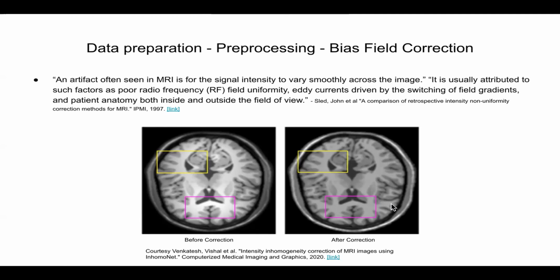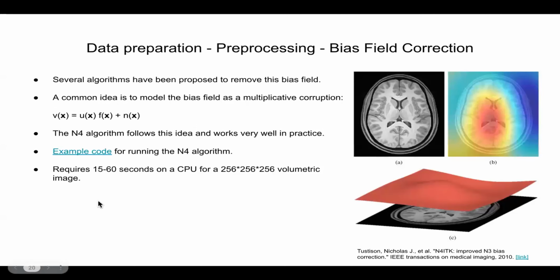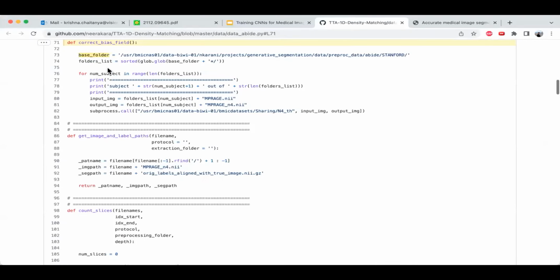And there are established algorithms for doing this. In my experience, if you know that something works very nicely, it's always nice to just throw it in as a pre-processing step and get rid of artifacts as much as possible. So there's this N4 algorithm, which, let me see if this works. Yeah.